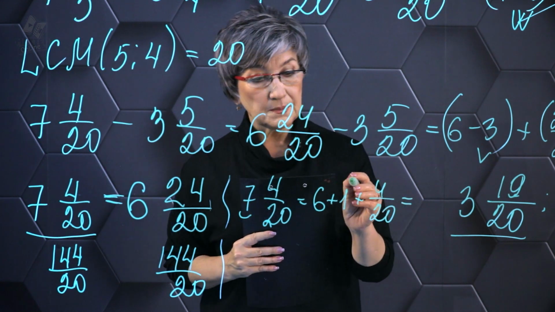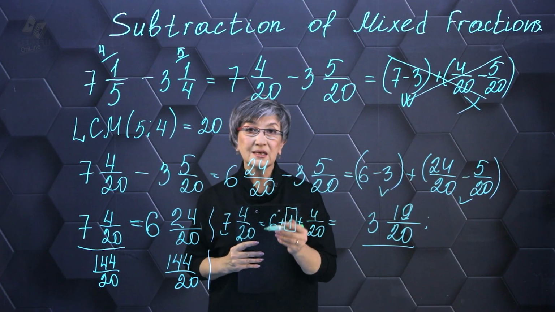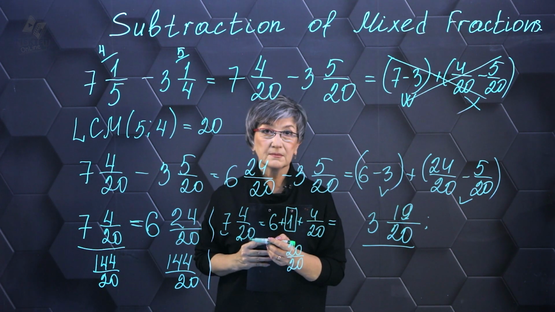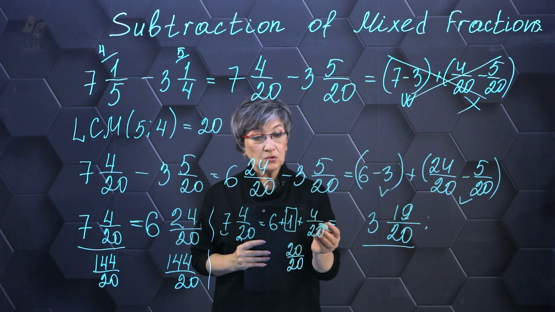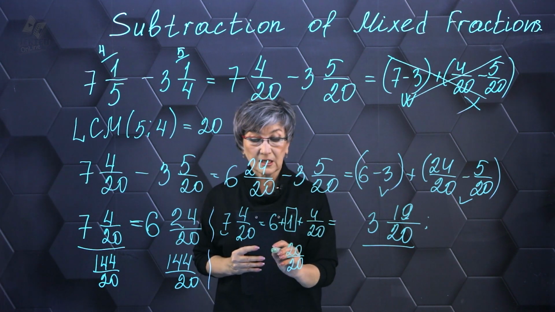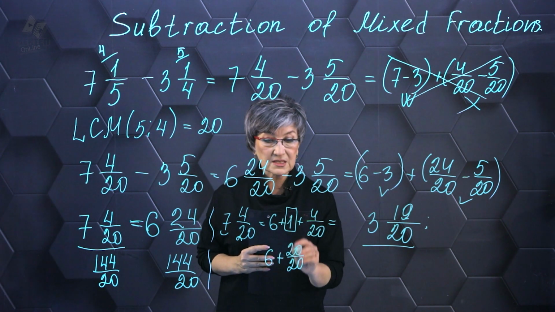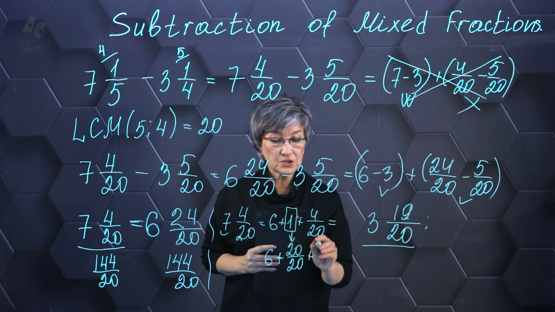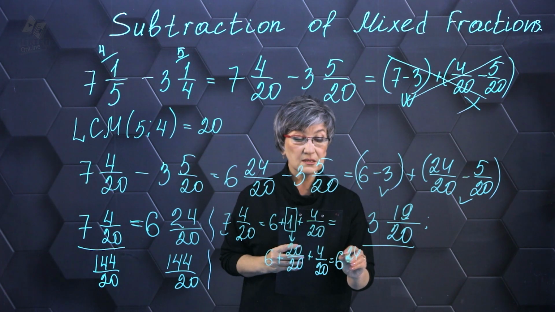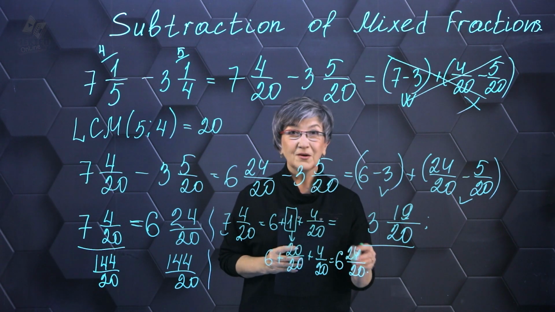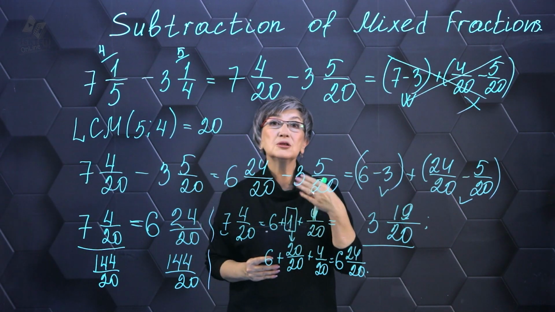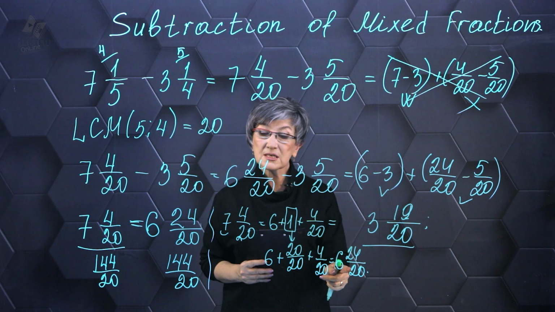Now I'm going to write down this one as 20/20. Why 20/20? Because I need a denominator of 20. So 6 plus 20/20, that's 1, and plus 4/20s. The result is 6 whole 24/20s. This is how we can write a mixed number in a different way. It's the same thing, just written in a different way.